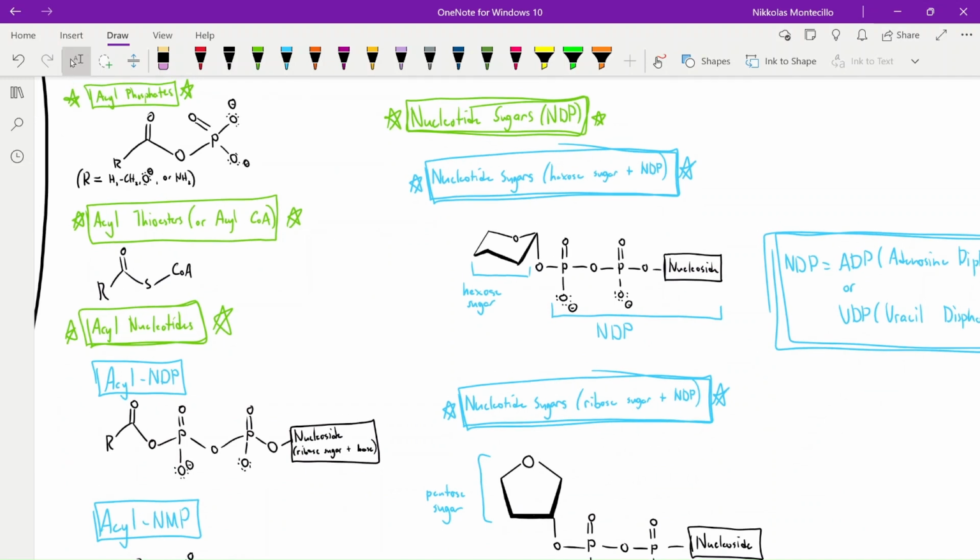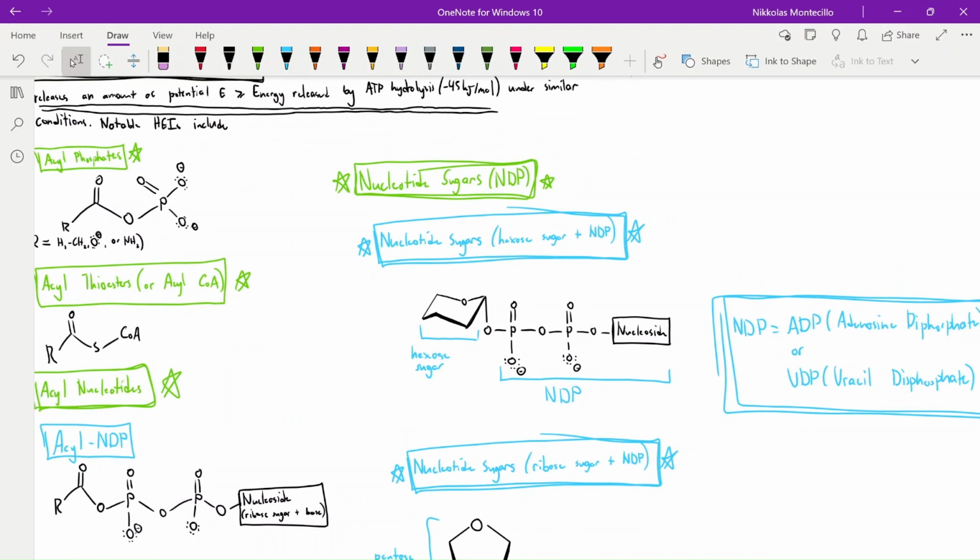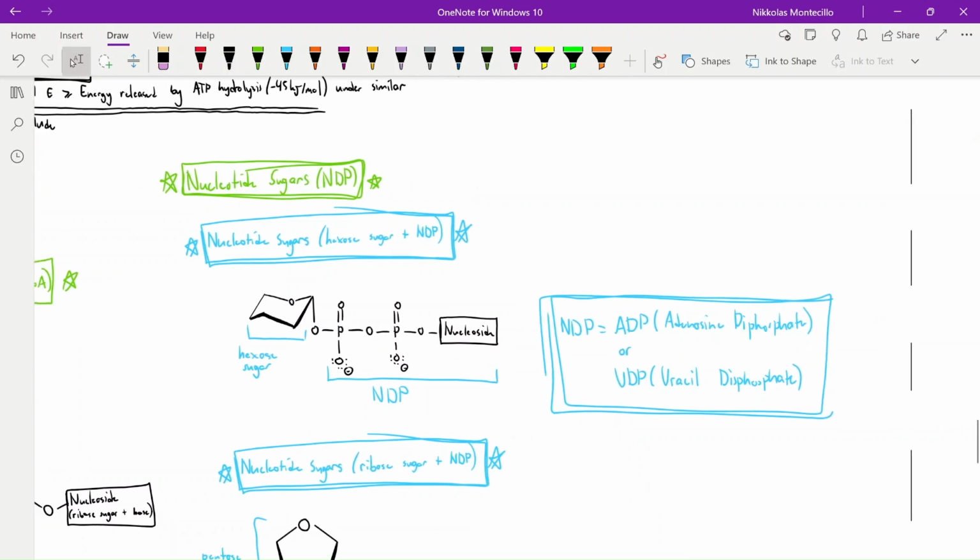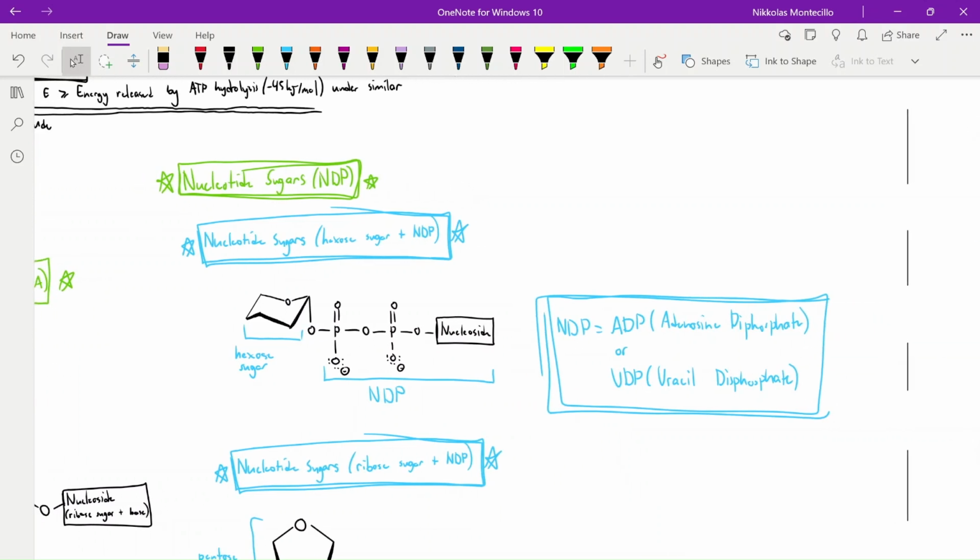So nucleotide sugars are referred to as NDP. NDP is just a generic term that refers to some sort of nitrogenous base plus diphosphate, right?